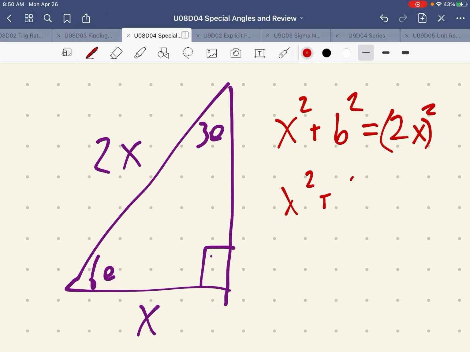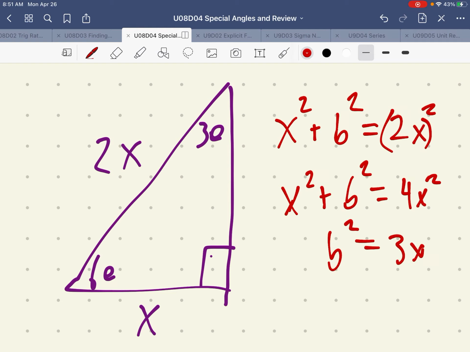So we'll get x squared plus b squared equals 4x squared. By subtracting the x squared to the other side, we get b squared is equal to 3x squared. And by taking the square root of both sides, we get b is equal to x radical 3.